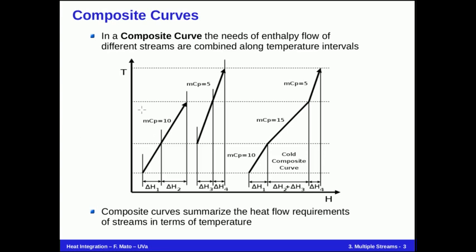For the second interval in temperature, we got two contributions of two different streams, and the combined needs of the whole process are the summation of both contributions along this temperature. And so on. Then, a composite curve summarizes the heat flow requirement of the streams in terms of temperature.